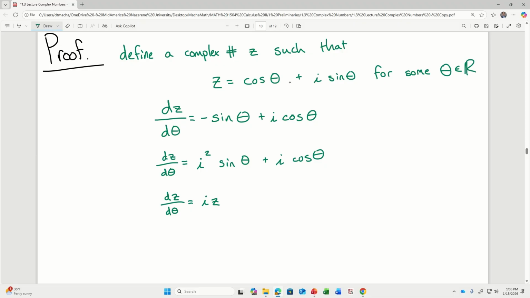What we need to do next is we need to take an antiderivative of both sides with respect to theta. No, almost there. It'll be there in the next step. Let's see. Divide both sides by z.